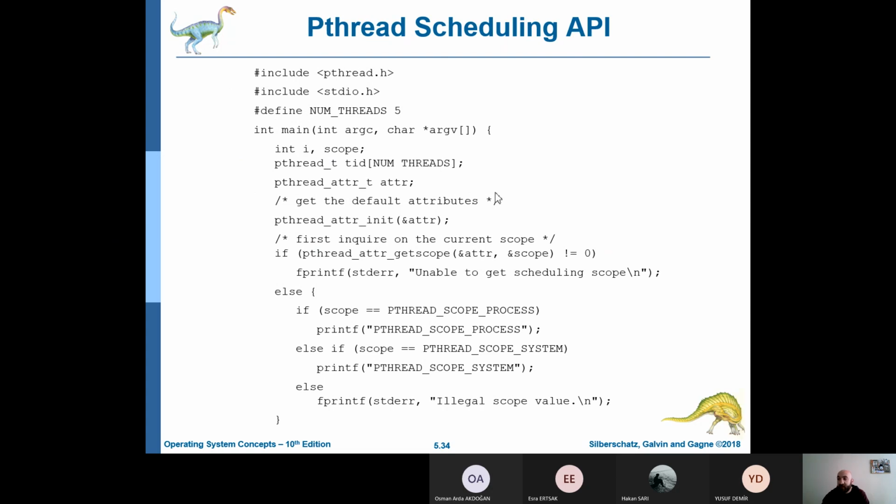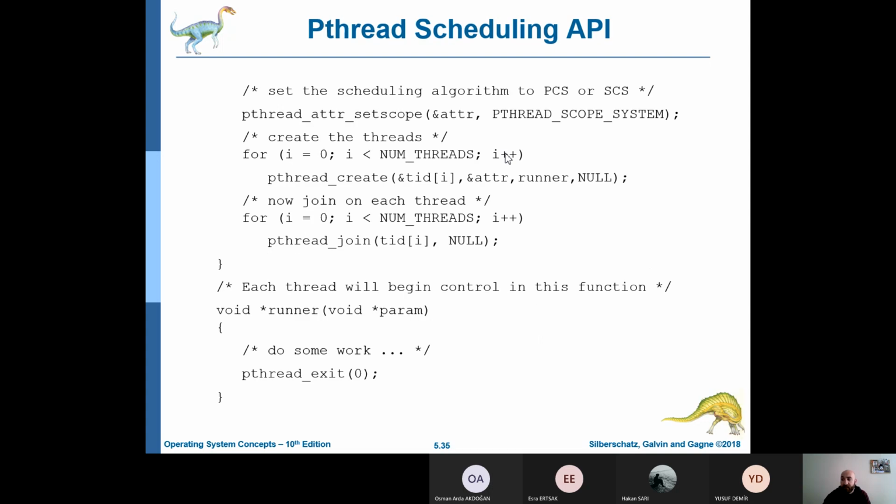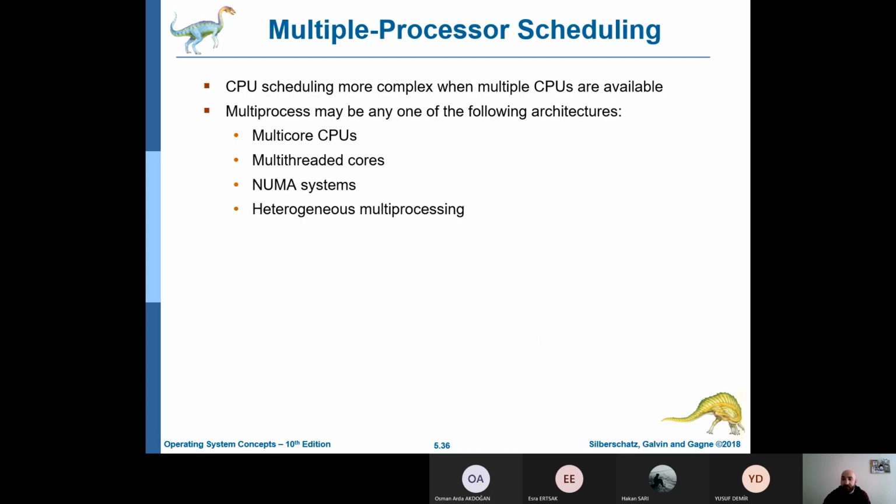You can remember that we used the same scheme to create threads last week. But here we also have some scopes. In the last example, we used the default attributes, but here we can set or get the scope of our thread using the pthread scheduling API. And here we have the example for that program.